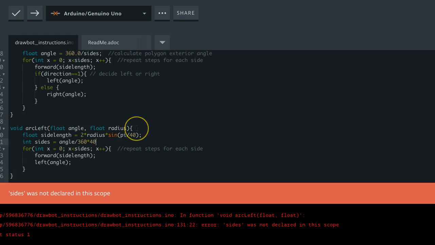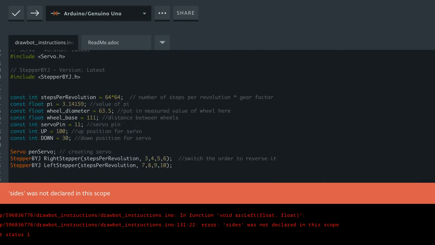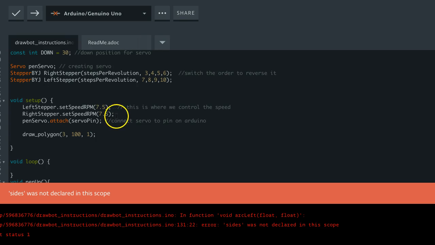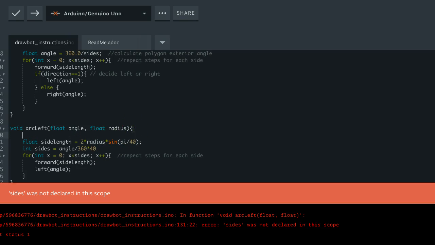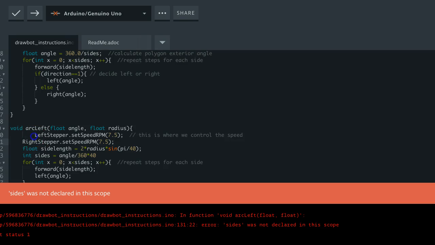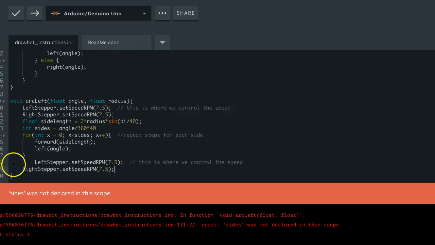Now, the last thing that might be a factor here is, I haven't tested this extensively, but what you might find as you're doing this is that since you're stopping and turning really quick, you might need to slow down the motors for this part.